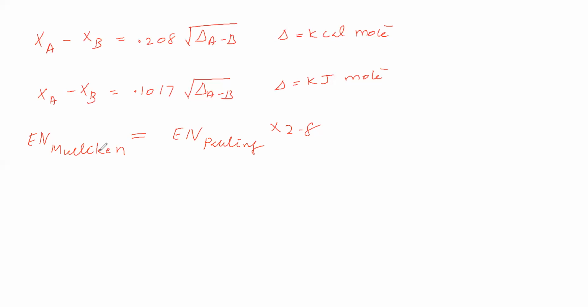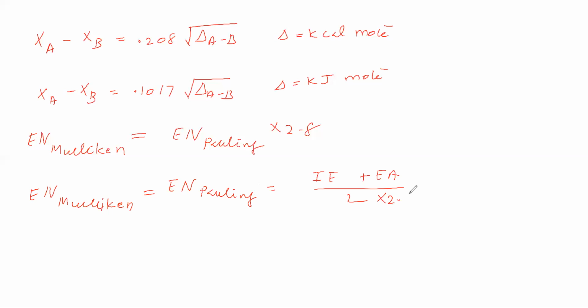Therefore, in order to equalize this, Mulliken scale electronegativity is divided by 2.8. What we have to do is take ionization energy plus electron affinity by 2. The average of ionization energy and electron affinity is called electronegativity of the Mulliken scale. In order to equalize to the Pauling scale, we have to divide this by 2.8.